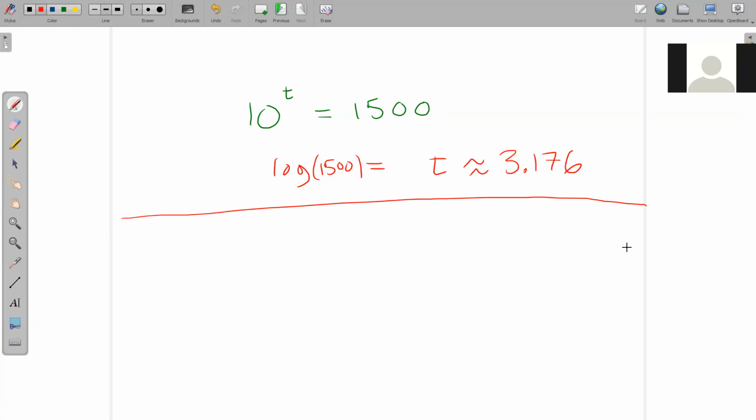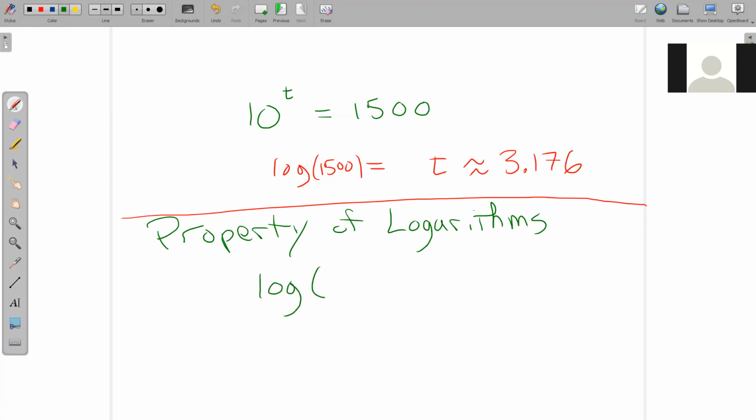Another way to work with logarithms is logarithms have a special trick. So this is a special property of logarithms. What they do is they turn powers into multiples. So the log of any base to the power, let's call it t, can also be written as t times the log of that base.